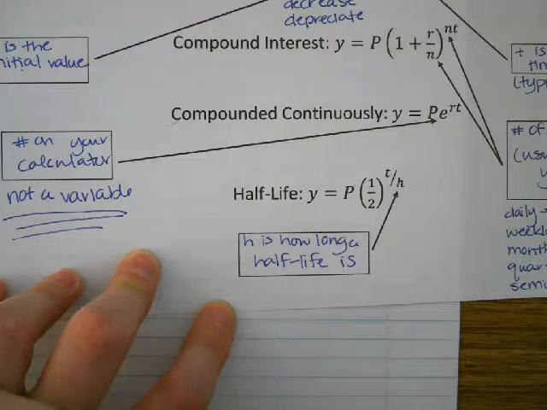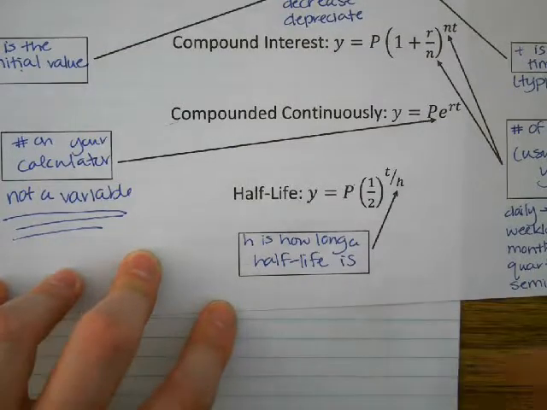So if the half-life of carbon is 400 years, and you start with 20 grams of carbon, in 400 years you will only have 10 grams left. So its half-life tells you how long it takes for half of it to disappear. That's what that formula does.